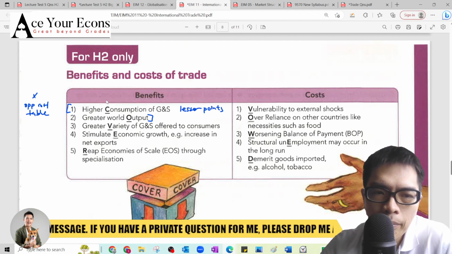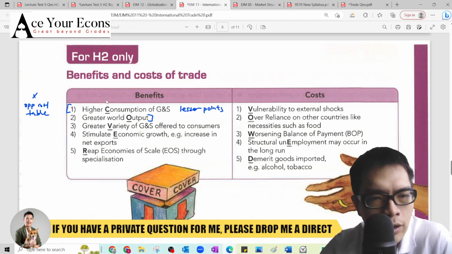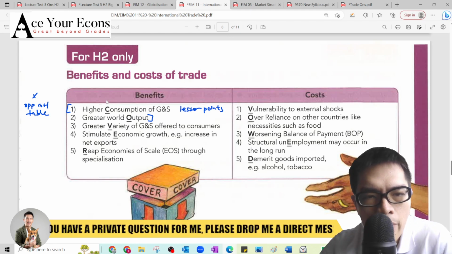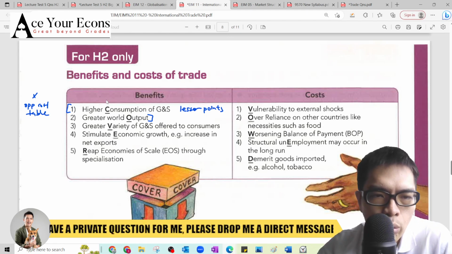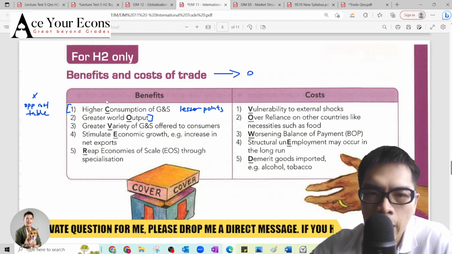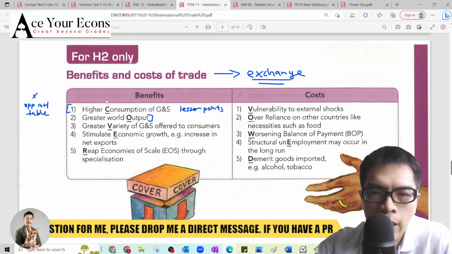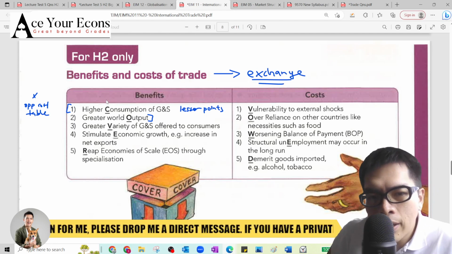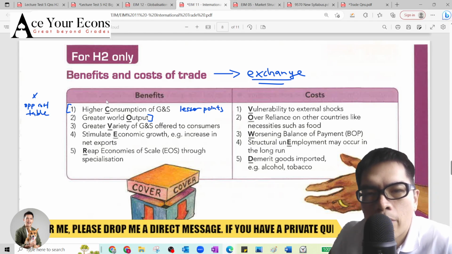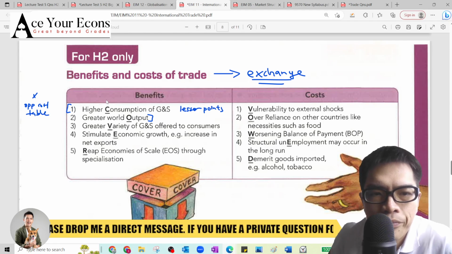So, item 3, greater variety of goods and services. So what was covered last week? If you still remember, if we want to explain benefits and costs of trade, there must be an exchange. Please write this down. Must be an exchange. So no matter which point you develop, you must relate to a form of exchange of goods and services.